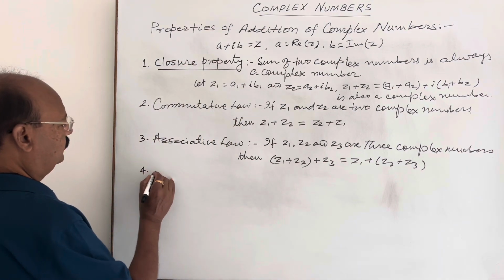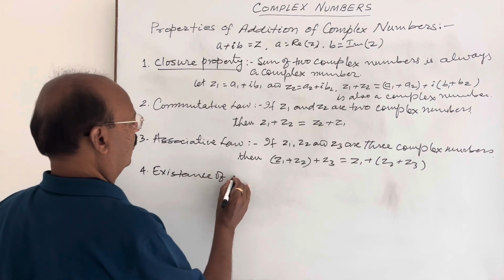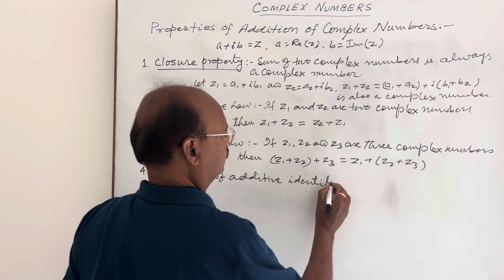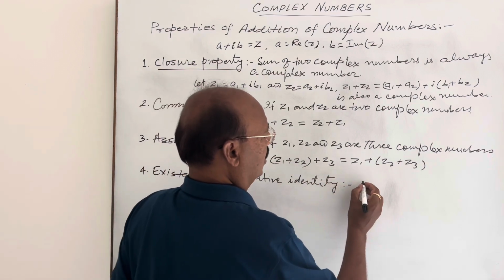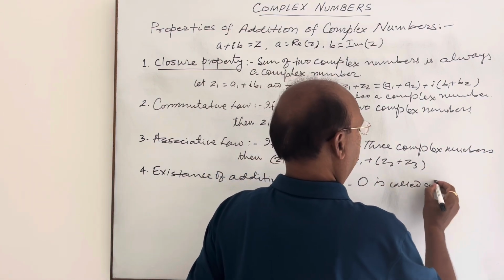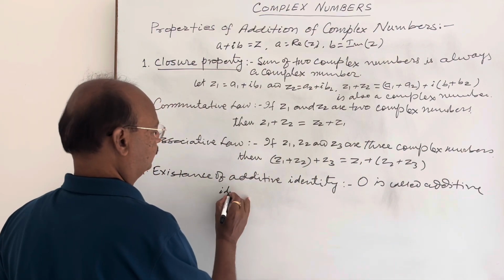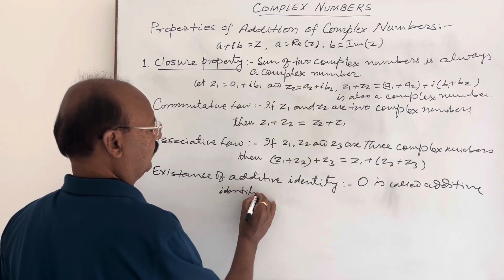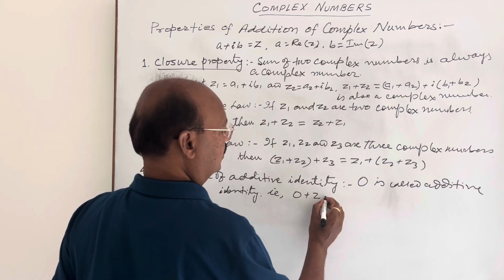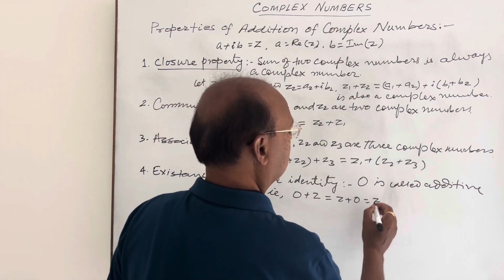Next, existence of additive identity. Zero is called the additive identity. It means 0 plus a complex number z, or z plus 0, is nothing but z.